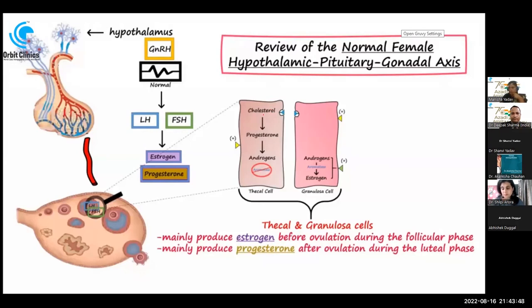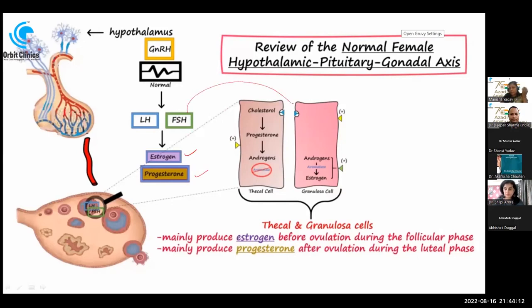So now we come to another perspective of increased androgen, which is the imbalance in FSH and LH. You all know the hypothalamus secretes GnRH, which stimulates the pituitary, which secretes FSH and LH, and they cause formation of estrogen and progesterone.